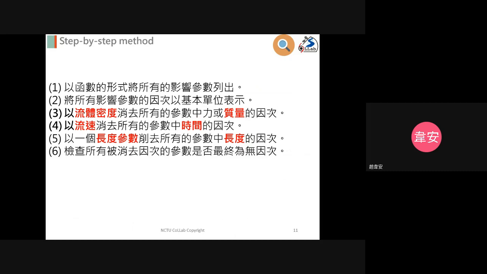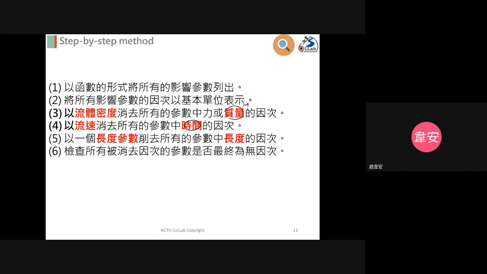And usually we will use the density to cancel out the mass dimension for other parameters, and we will use the velocity to cancel the time dimension for other parameters, and we will use the length parameter to cancel out other length dimensions for other parameters.